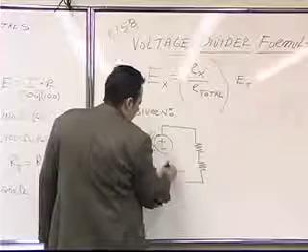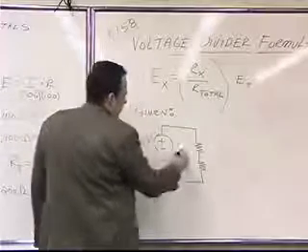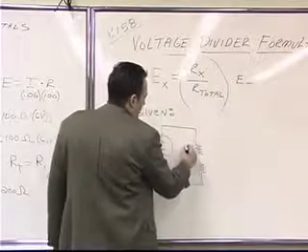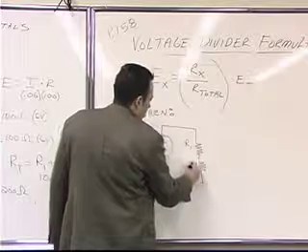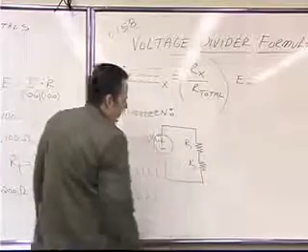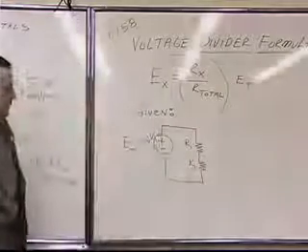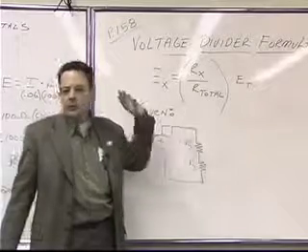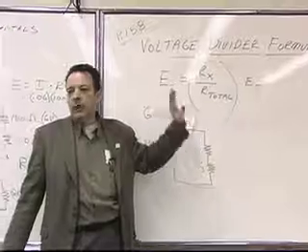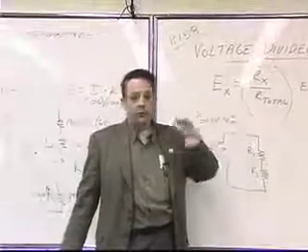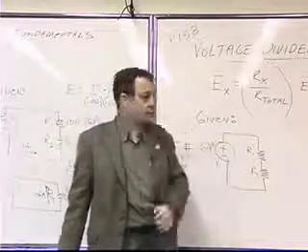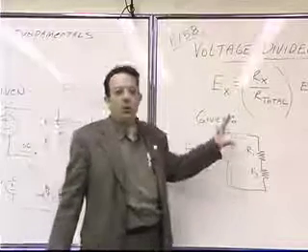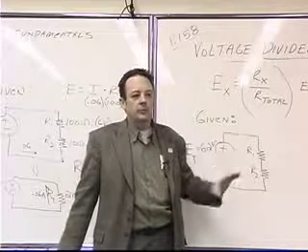Now, this circuit right here, this is R1, this is R2, let's say. Before we go any further and we assign values to the resistors, which you're going to choose, this circuit is called a voltage divider.